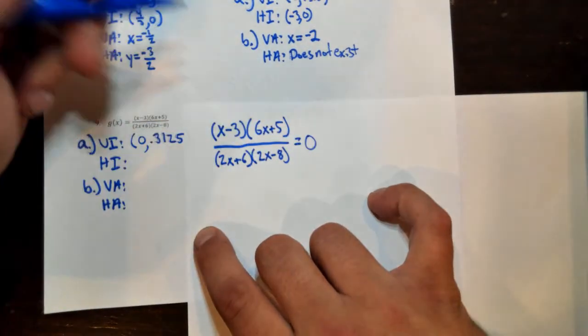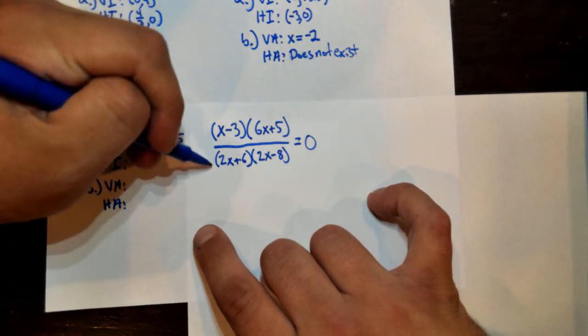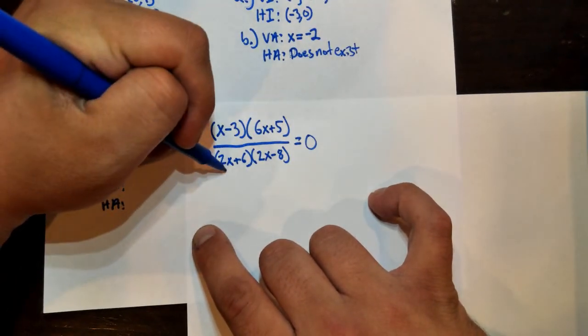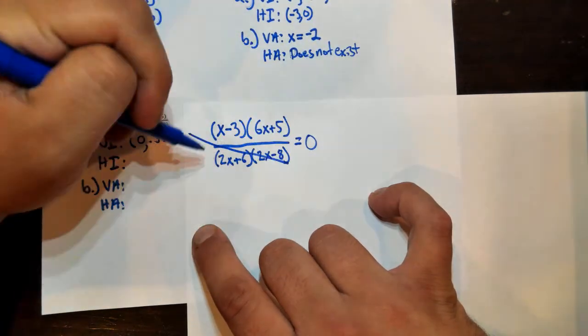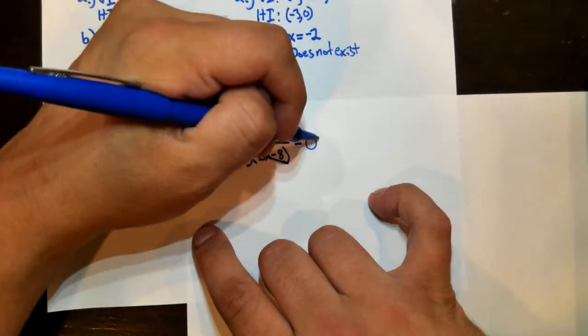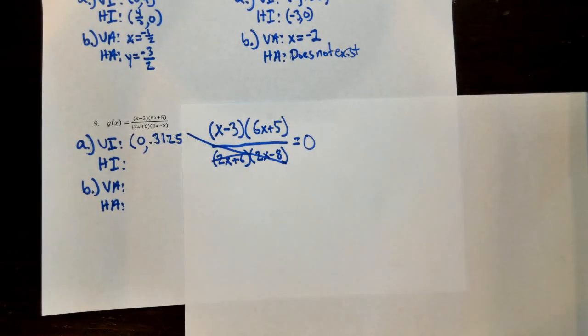When we set equal to 0 and solve for the horizontal intercept, every time we multiply by the bottom, the bottom just goes away because it cancels. And then this remains 0. So really, we're just solving for x in the top.